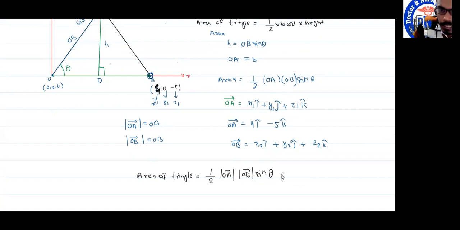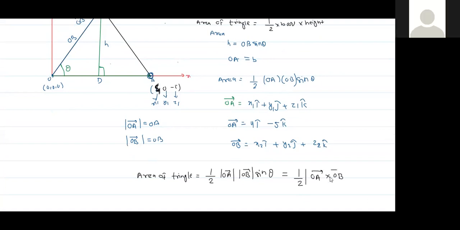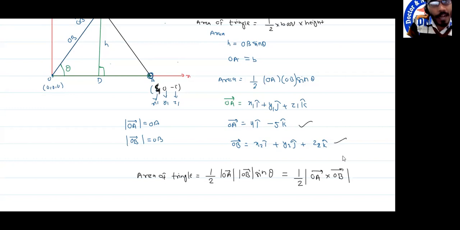So can I write this thing in this way? 1/2 modulus of OA vector cross OB vector. Means if I calculate the cross product of OA vector and OB vector, find the magnitude and divide by two, we get the area of the triangle.